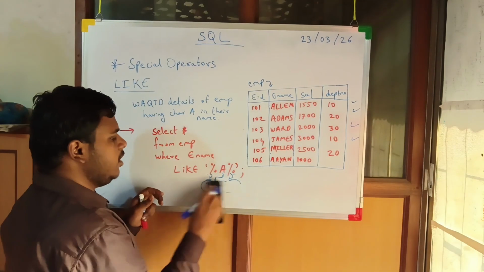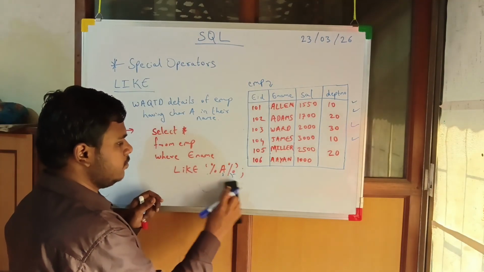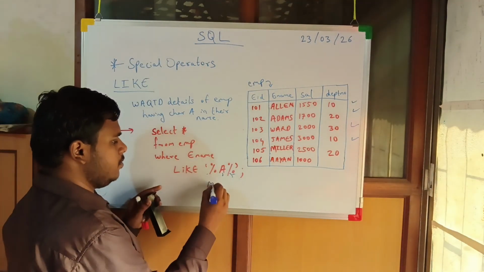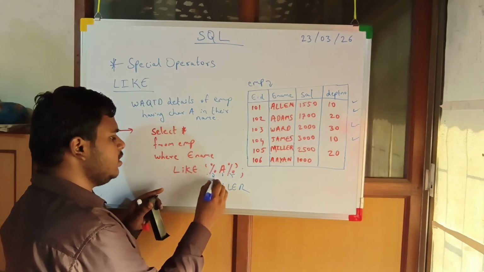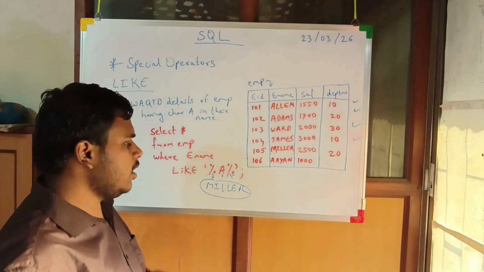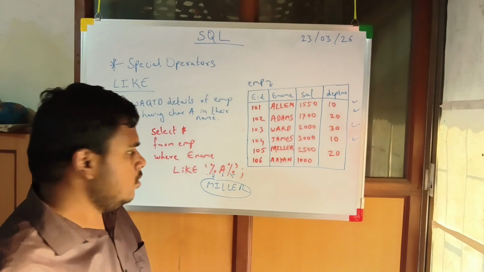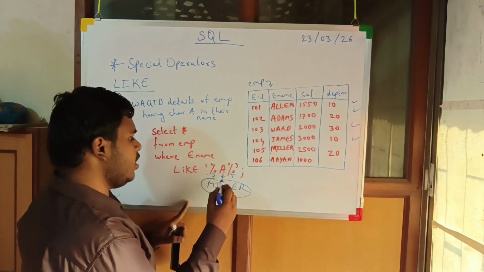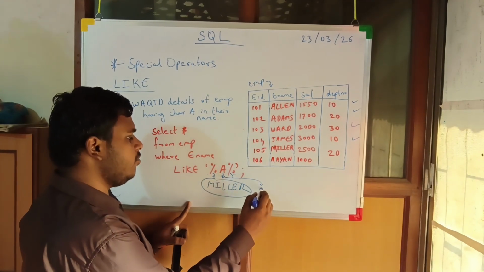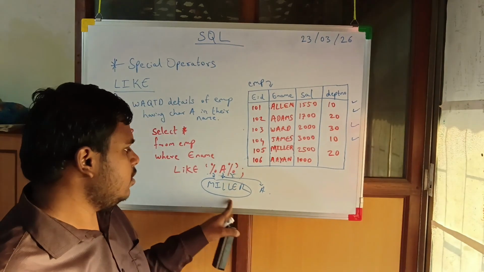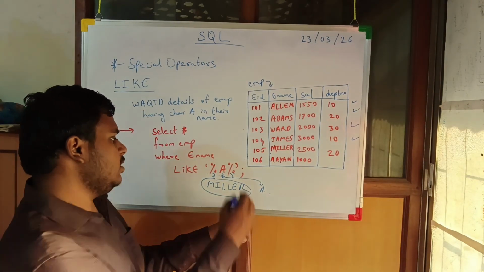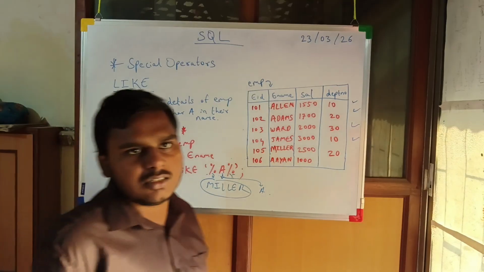Now when we look at Miller, in Miller the first percentage is ready to take all the characters. But I want A to accept any one character. I want this red A, this blue A. Now in the name Miller no A is there, but see the last percentage is okay, that I can stay single.